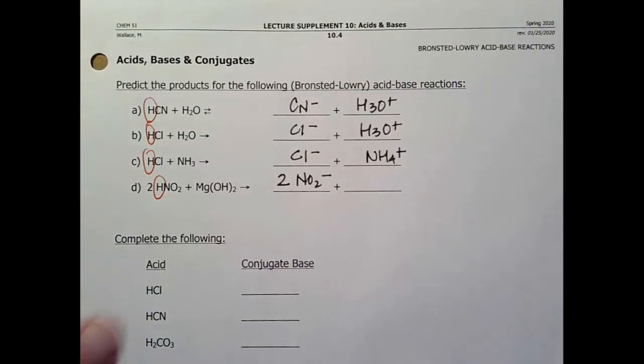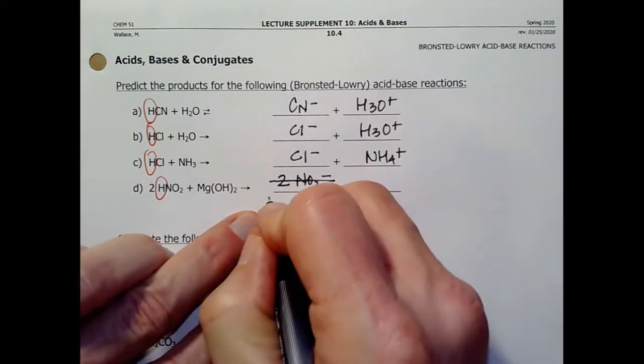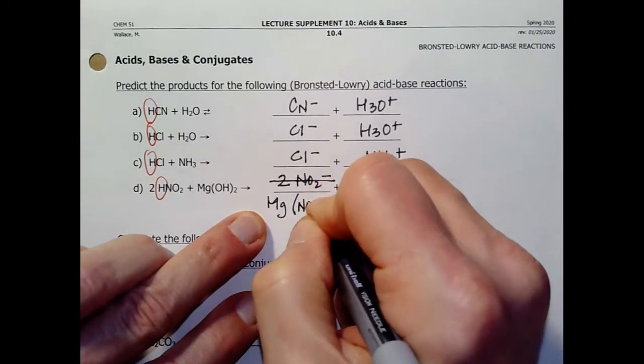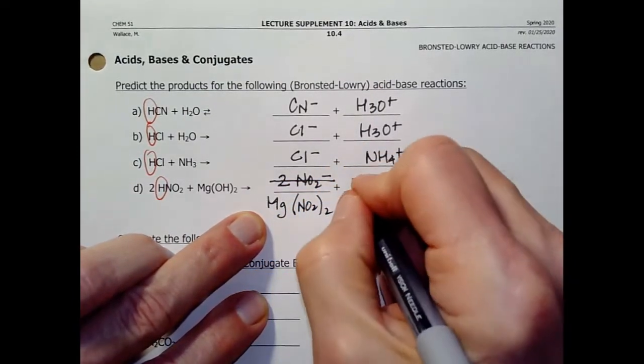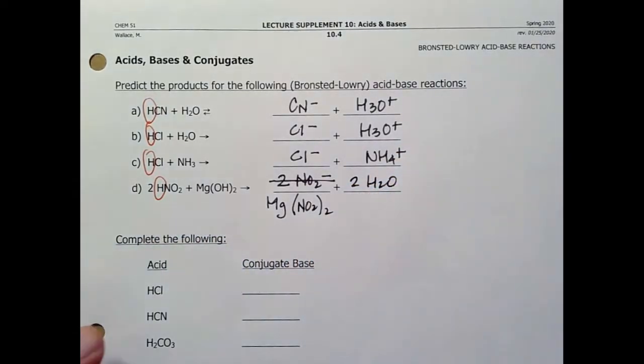Rather than do the net ionic, let's do the whole thing. So I'm going to strike that, and I'm going to write MgNO2 plus 2 waters. H is going to the hydroxide there.